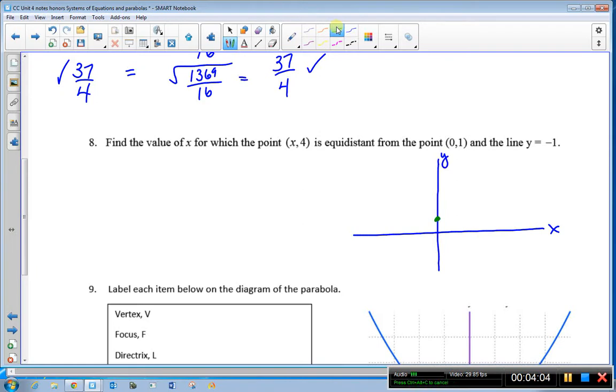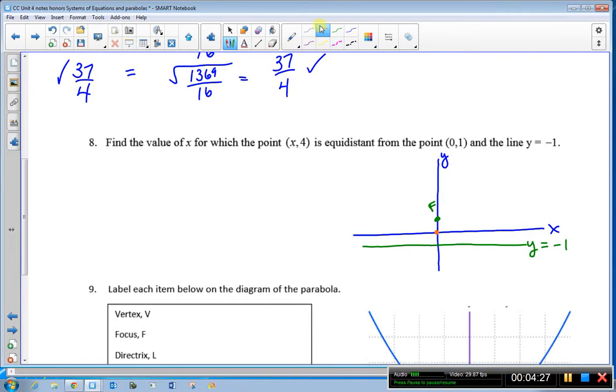So there's 0, 1, and the line y equals negative 1. So you can already see this is the focus, and this is the directrix, so the vertex would be there, I would think.